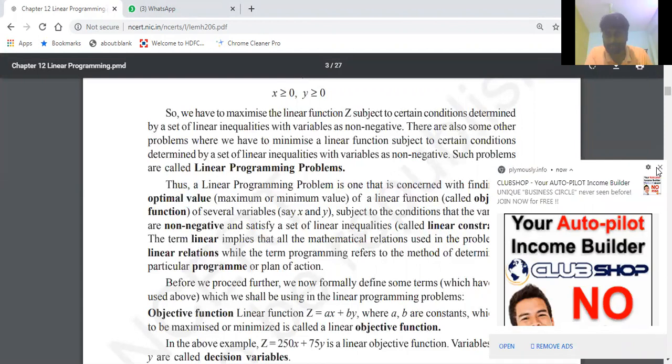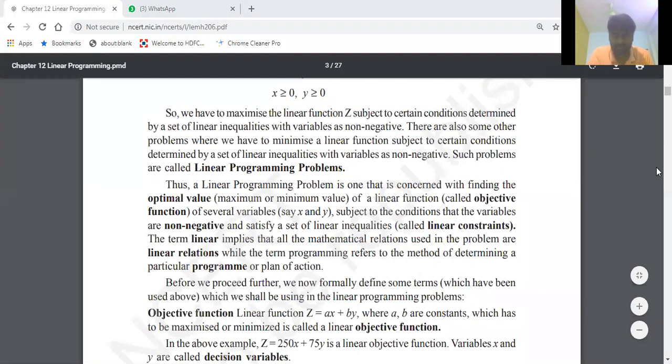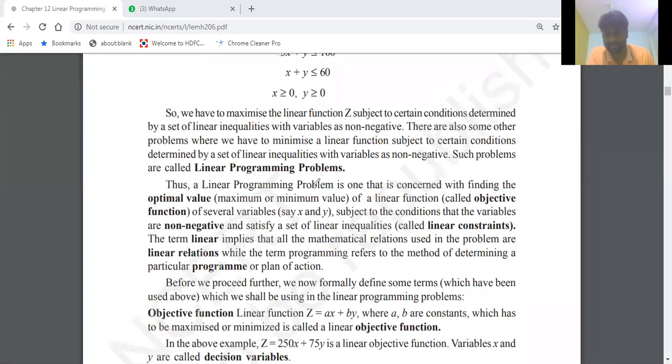You have to remember these terms. Whatever function we are going to optimize, minimize or maximize, what is that called? Yes, objective function. Z is the objective function. After that, whatever inequalities we wrote, what are those called? Constraints, including x greater than or equal to 0, y greater than or equal to 0.